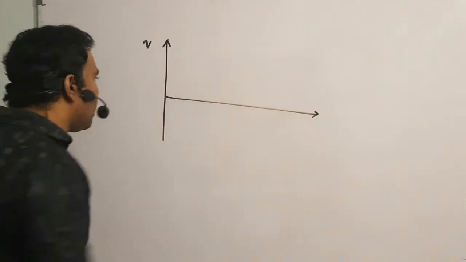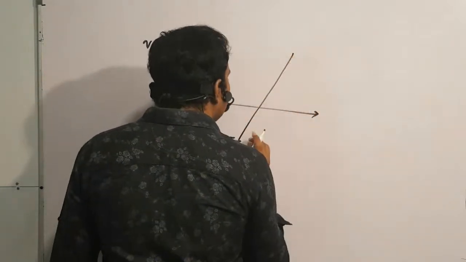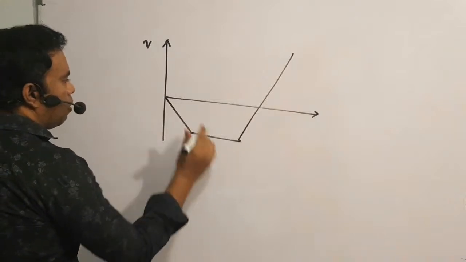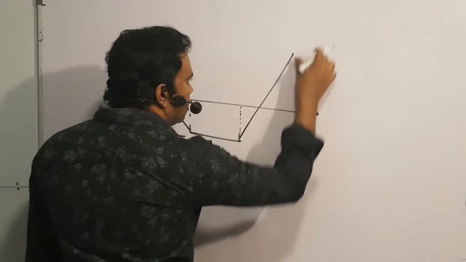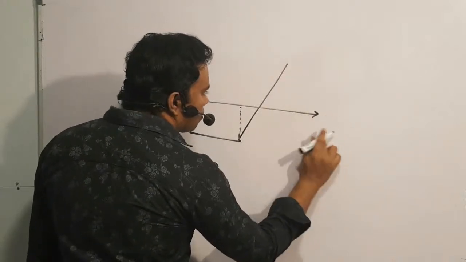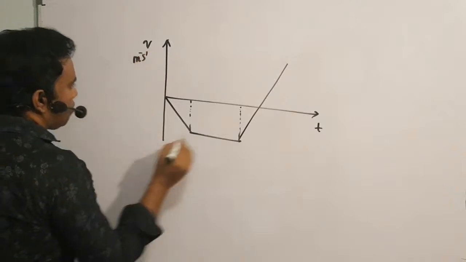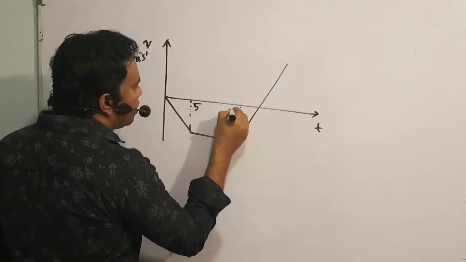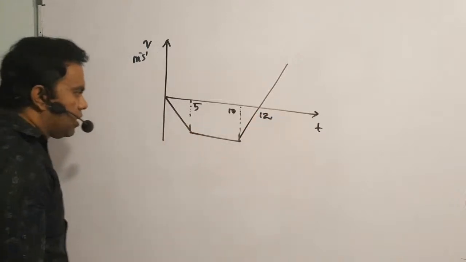Motion description and associated graphs. These types of graphs with a negative slope, you have to describe. Time, velocity. 5th second, 10th second, 12th second, up to the 5th second.